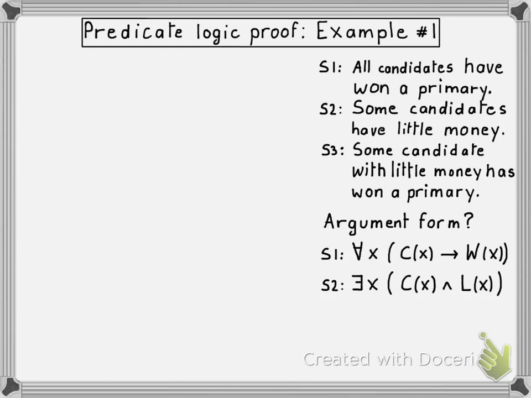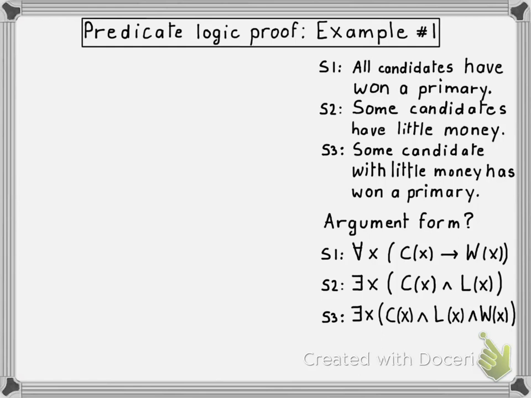Finally, for S3, we don't need to introduce any new predicates, but the sentence says some candidate with little money has won a primary. So that is another example of an existentially quantified proposition, namely, there exists x such that x is a candidate, x has little money, and x has won a primary.